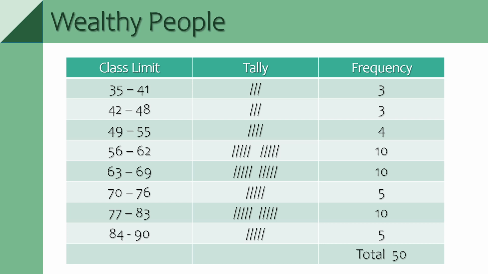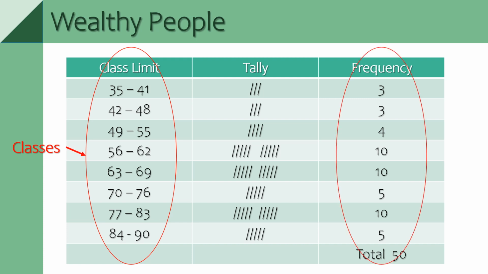This part is called the classes, and this part is the frequency. Here we notice that the classes have what we call class limits. The distribution is from 35 to 41, 42 to 48, 49 to 55, 56 to 62, 63 to 69, 70 to 76, 77 to 83, 84 to 90. Those are what we call the class intervals or the class limits. These are our classes.